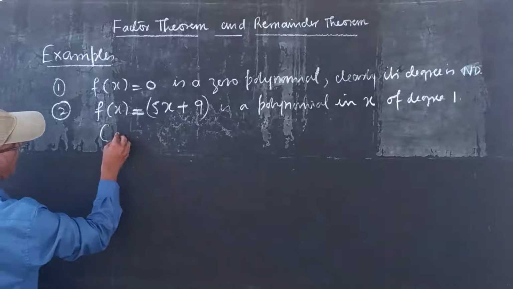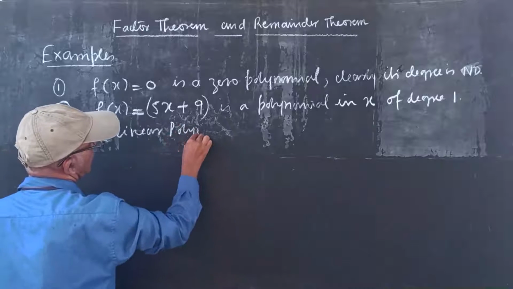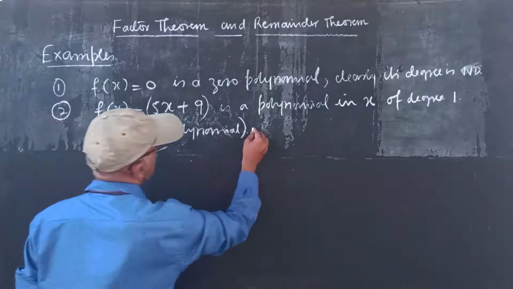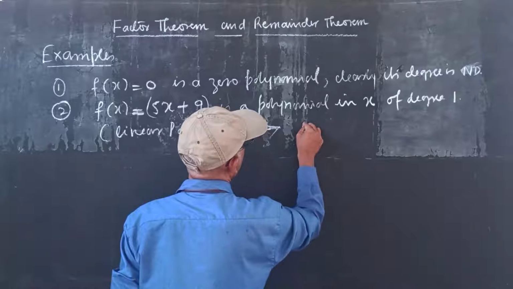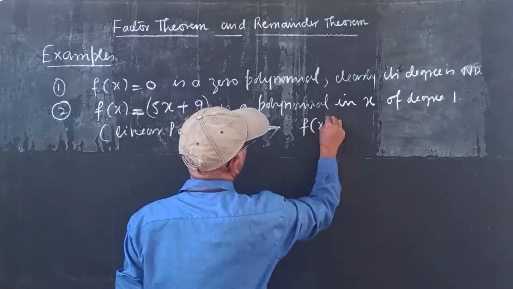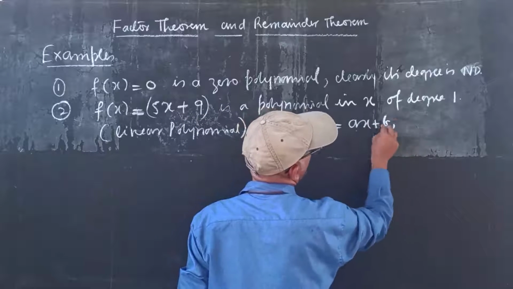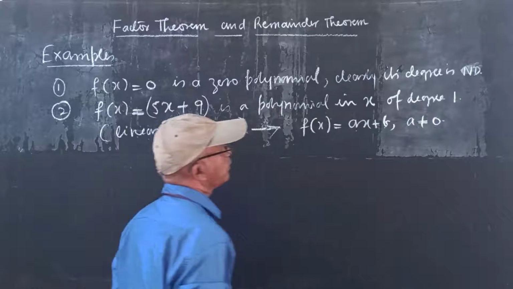It is also called a linear polynomial. Its general form is f(x) is equal to ax plus b, where a and b are real numbers and a not equal to 0.